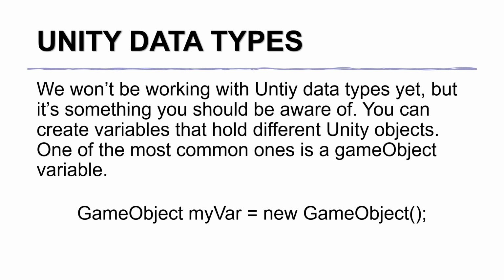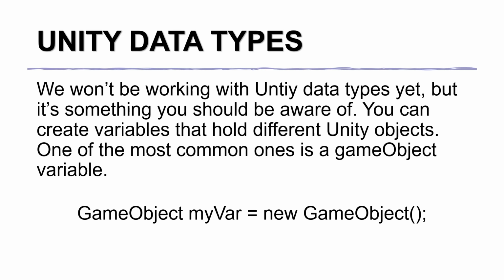We're not going to be working with Unity data types yet this week, but it's something that you really should be aware of because they're very handy and you will eventually need to use them. You can create variables that hold different Unity objects. So the most common being a game object.